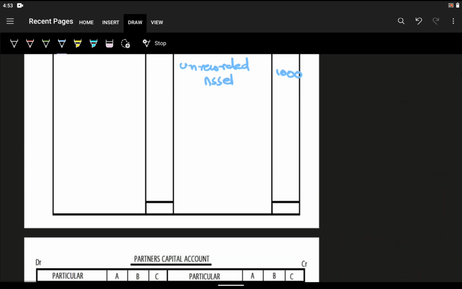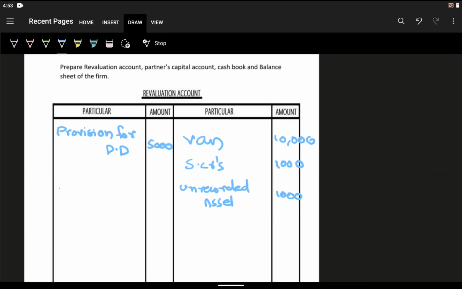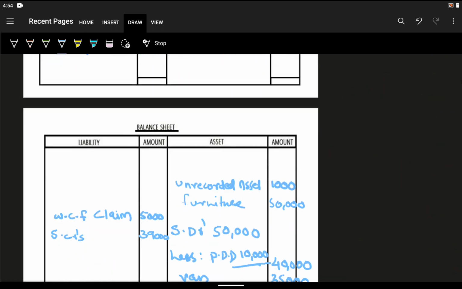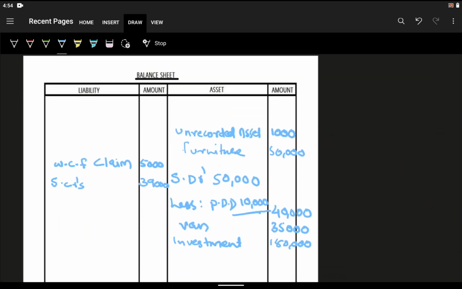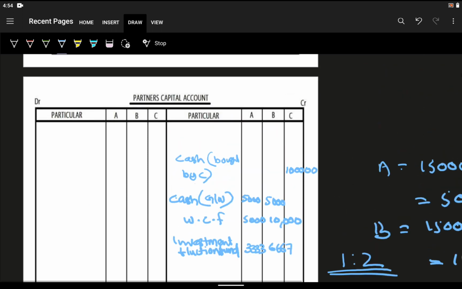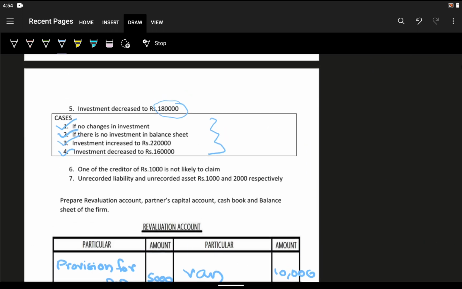Okay, after that unrecorded liability we will write in low side of revaluation, that is 2,000. It is given 2,000. Okay, and we will write in balance sheet unrecorded liability in liability side. We want to record that because it is unrecorded. We want to record in new balance sheet unrecorded liability 2,000. Okay, it can come directly like this, or it can come in another form also.